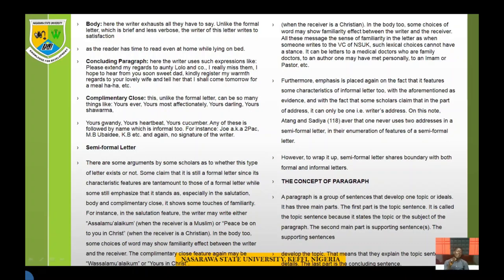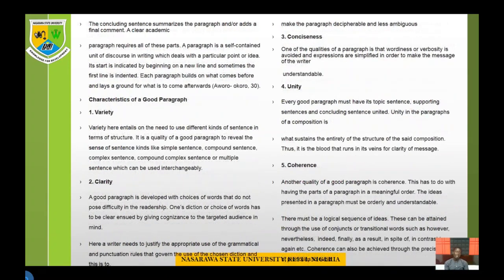The second main part is supporting sentence or supporting sentences, and from the name as it implies, it supports the idea being propelled by the topic sentence.